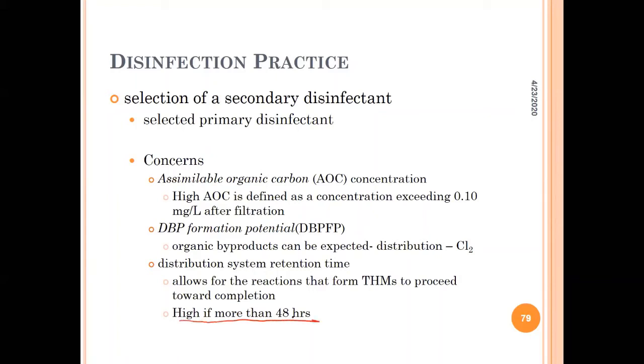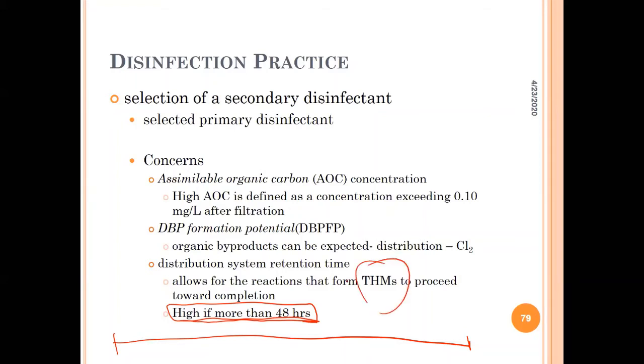If the travel time, the contact time from one point to the user, is more than 48 hours, then it is possible that disinfection byproduct, particularly trihalomethane, will form. So we try to see how long the distribution time is, and shorter than 48 hours is better.